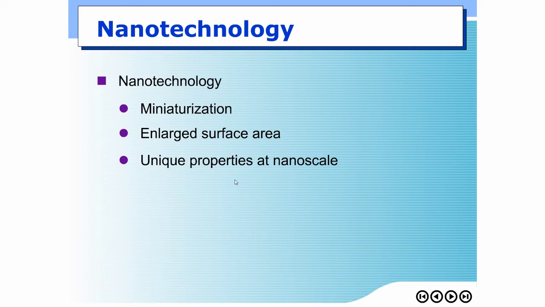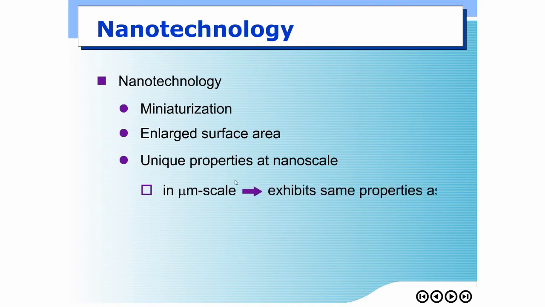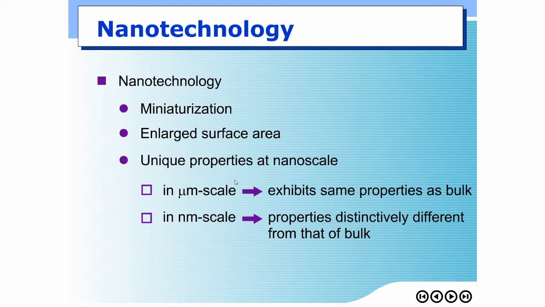the popularity of nanomaterials, or the wow factor of nanomaterials, comes from unique properties at nanoscale. For instance, if you consider material in micrometer scale, it should give you the same properties as bulk material in meter or centimeter scale. But if you scale down to nanometers, then the property is distinctively changed.